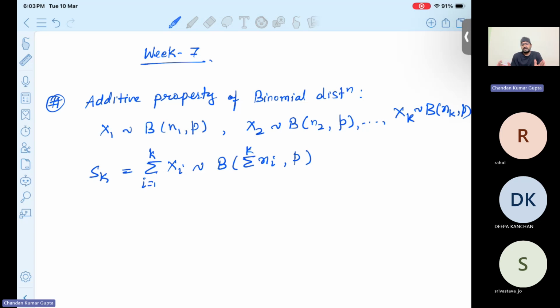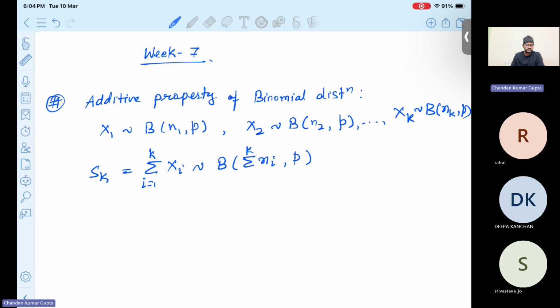If X1 follows binomial(n1, p1) and X2 follows binomial(n2, p2), then this is not the case. But if one parameter is common and the other parameter, the number of trials, is n1, n2 corresponding to X1, X2, then the summation also follows the binomial distribution with these parameters.